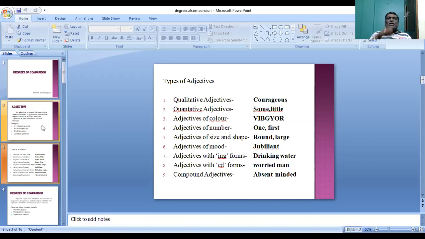Similarly, adjectives of color, all the colors like VIBGYOR. What do you mean by VIBGYOR? Violet, indigo, blue, green, yellow, orange, red, white, or any other color that is not covered here. How do we identify a color as an adjective?